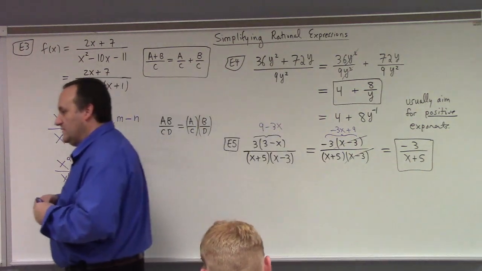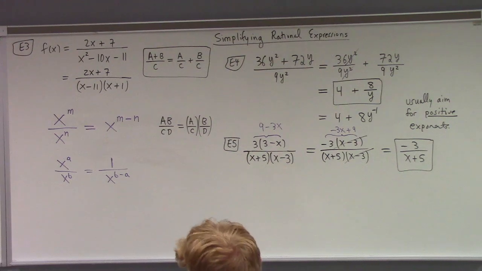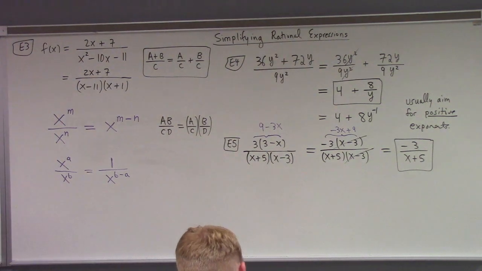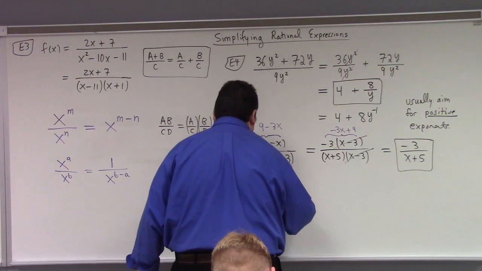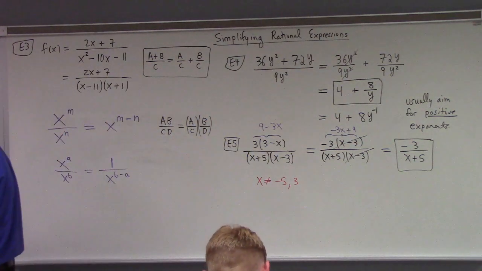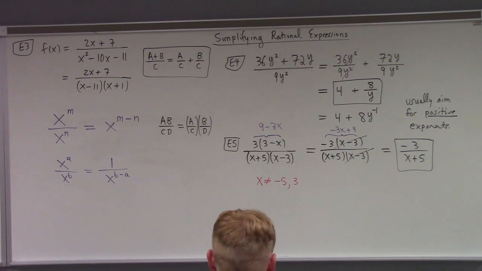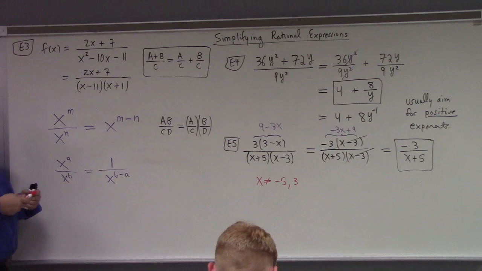Now when is that true? That's only true if x is not equal to what? X is not equal to negative 5. So this is actually for x not equal to minus 5 and also 3. That's the interesting thing about rational expressions. Simplifying a rational expression can change its domain. Do you see that? Notice this.